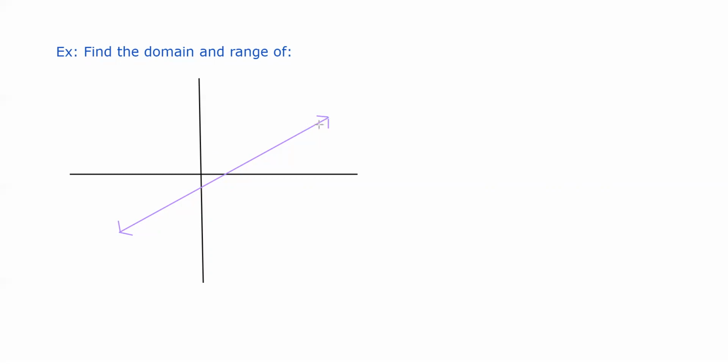The arrows imply that it goes on forever and ever in this direction, and forever and ever in this direction. And we want to find the domain and range. Now, what are some of you automatically tempted to say the domain and range are? What are you guys thinking based on your previous experience with algebra?